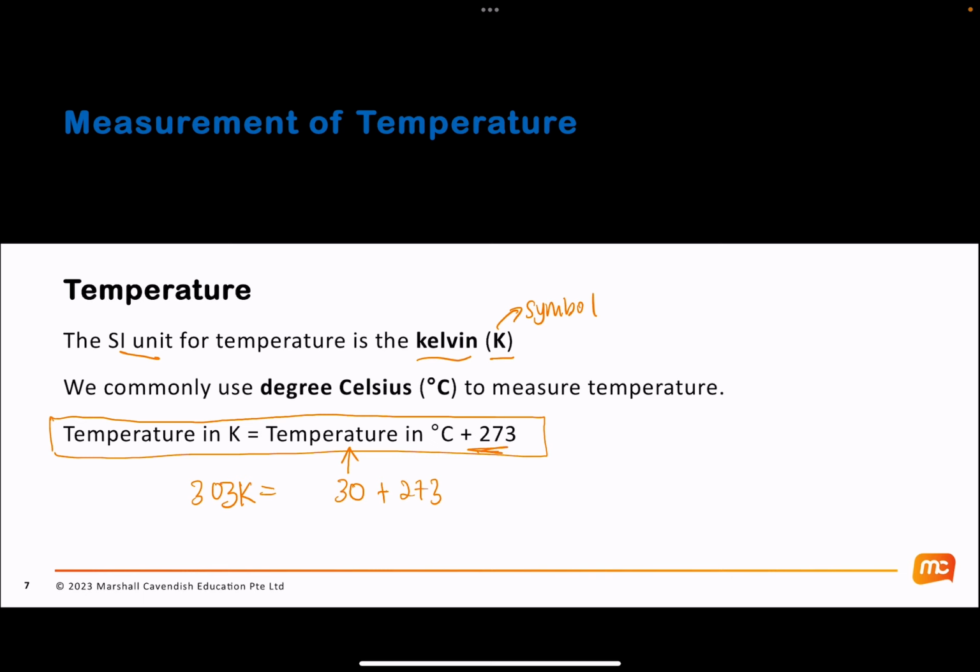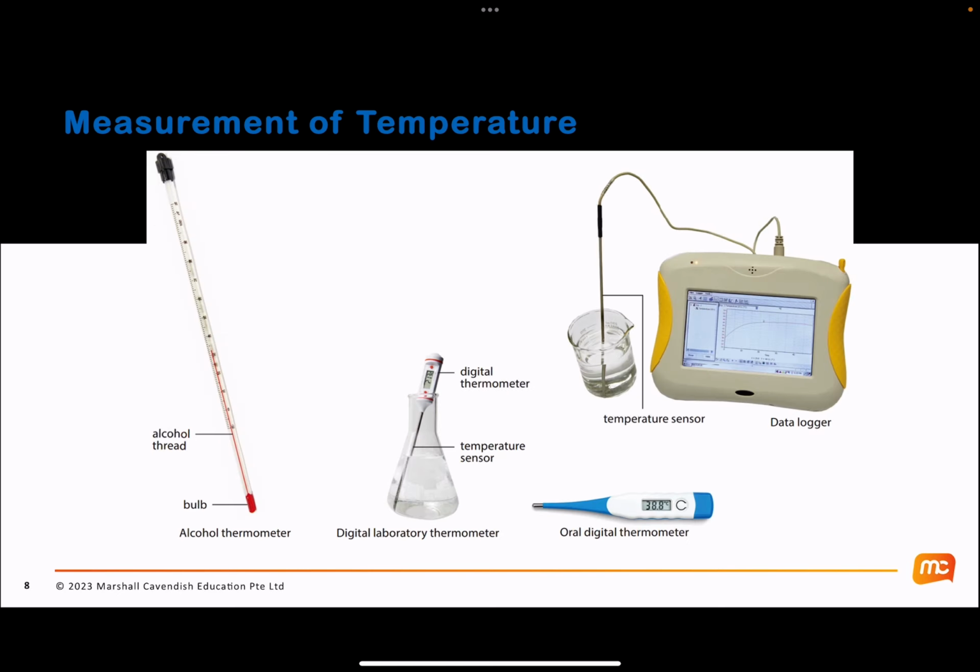So how do we measure temperature? What is the right instrument or the apparatus to use? That's right. I think you're all very familiar with thermometers in general. There are many kinds of thermometers. You use that to measure your temperature as well if you are feeling unwell. So nothing surprises you.